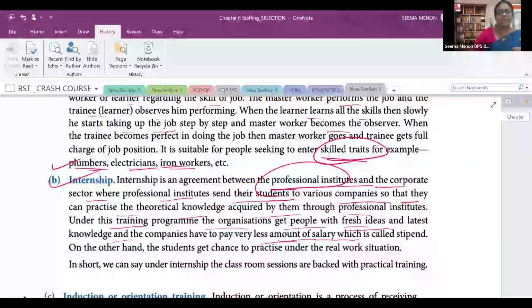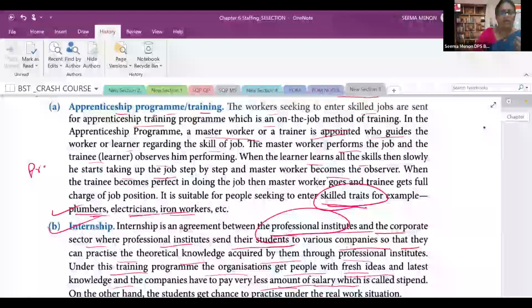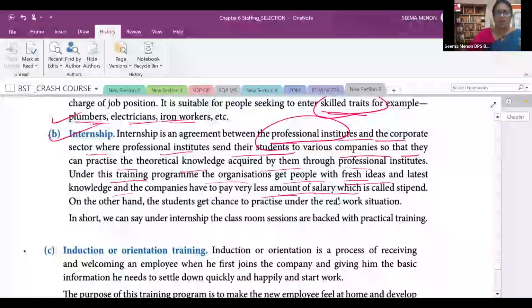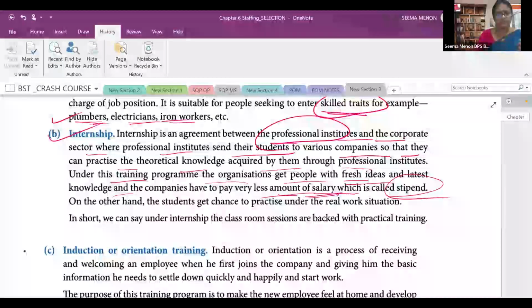In apprenticeship, trainees get an apprenticeship premium. We call it apprenticeship premium. Here they are getting a stipend. They go and learn the work, and along with learning, they do small work also for the organization. They are getting a small amount of salary, which is called stipend.